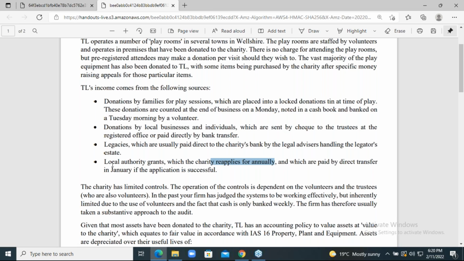If the local government has accepted that request, we can confirm it from that correspondence. And if accepted, it is transferred directly in January. So we are going to take the bank statement from January and confirm whether the charity received an amount that tallies.